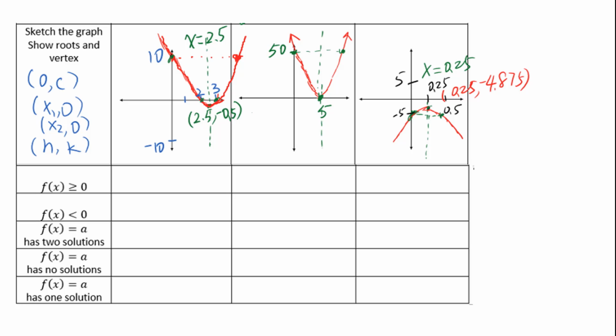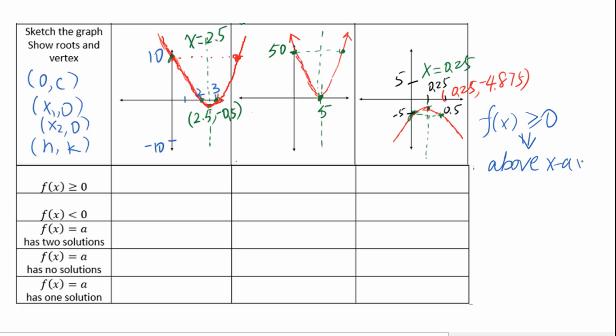For f of x greater than or equal to 0, we need the graph above the x-axis. For f of x less than 0, it means below the x-axis.